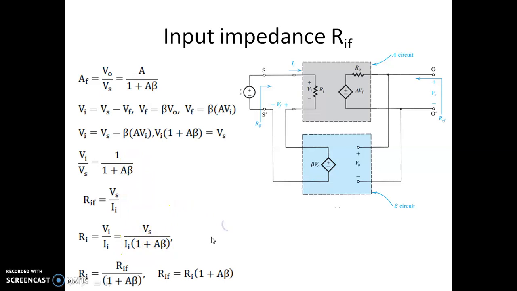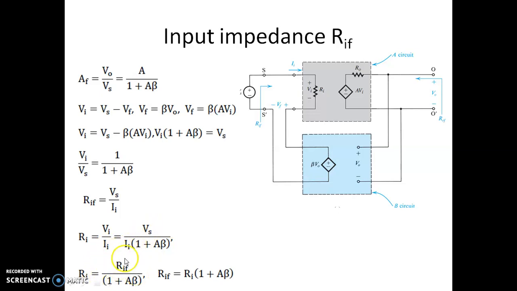From which I can rewrite this expression as Vs by Ii. Vs by Ii, measured from this point, is RIF, and of course you have 1 plus A beta as it is. So we have replaced Vs by Ii with RIF.